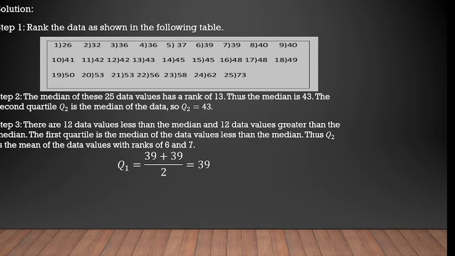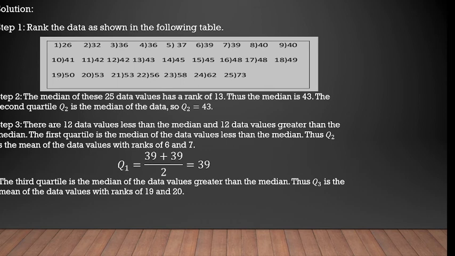Thus, it is the mean of the data values with ranks of 6 and 7. So 39 plus 39 divided by 2 is equal to 39.